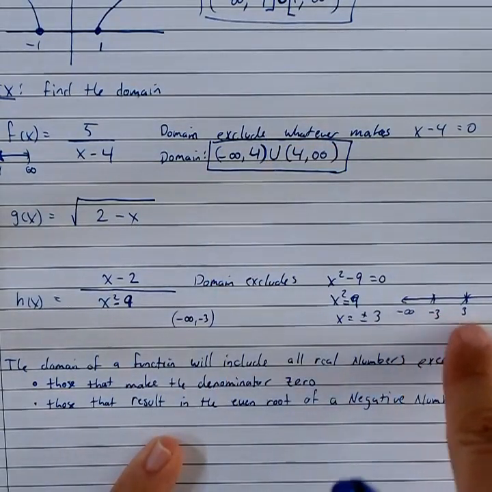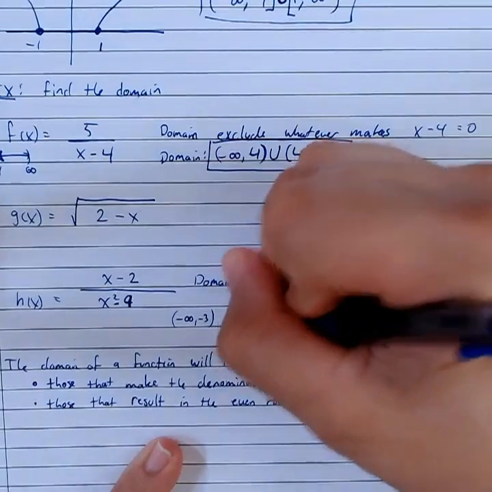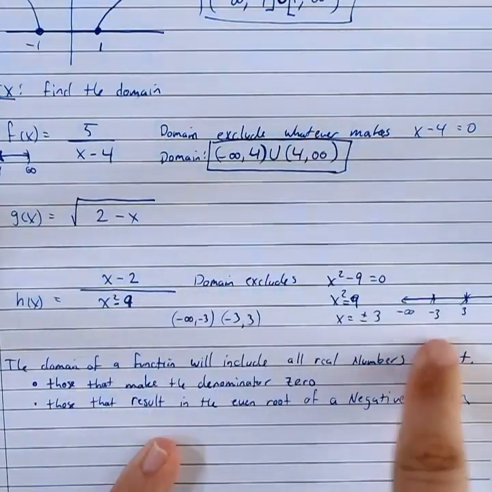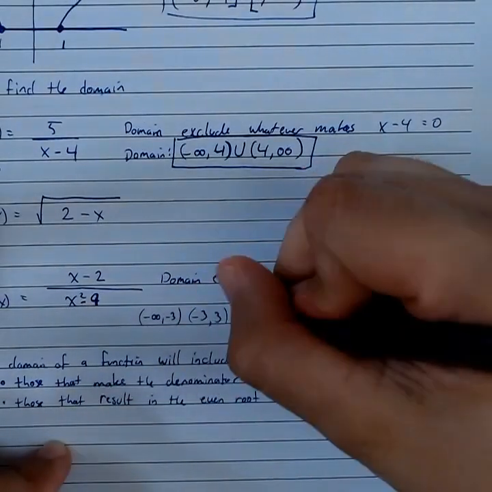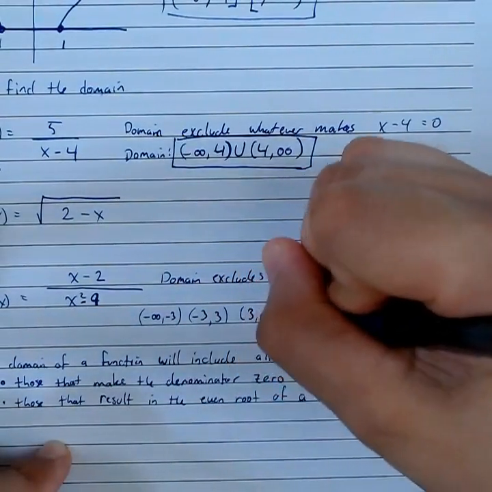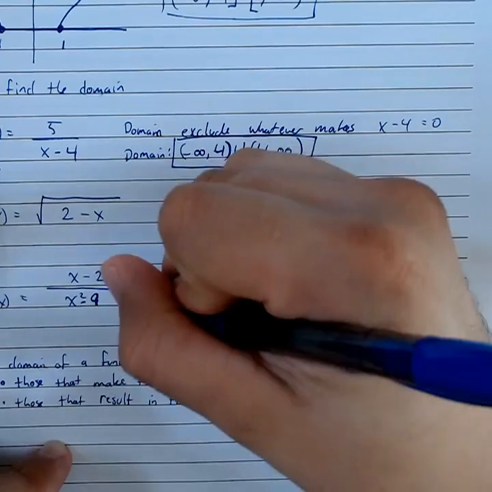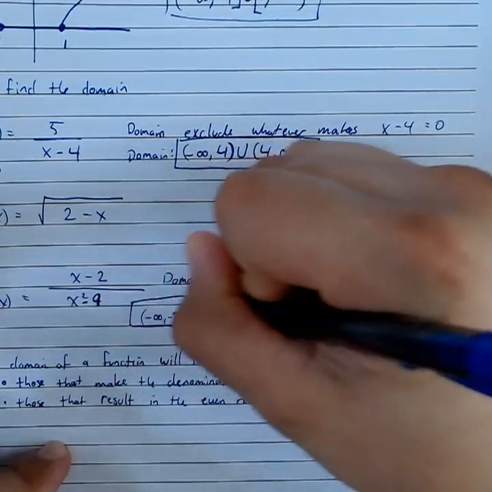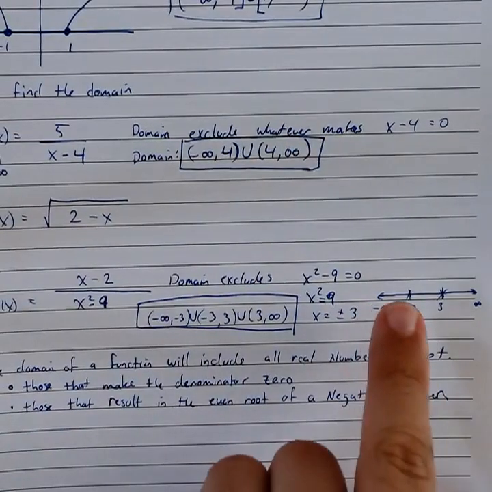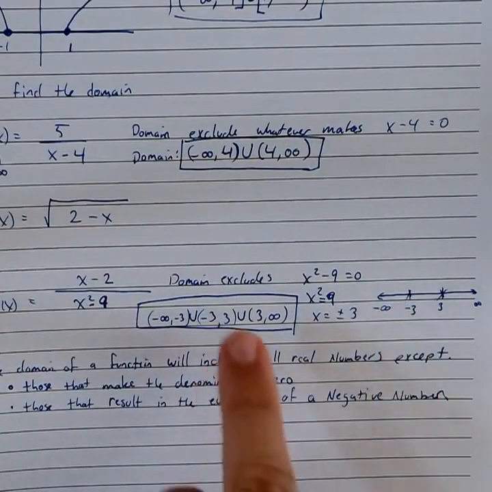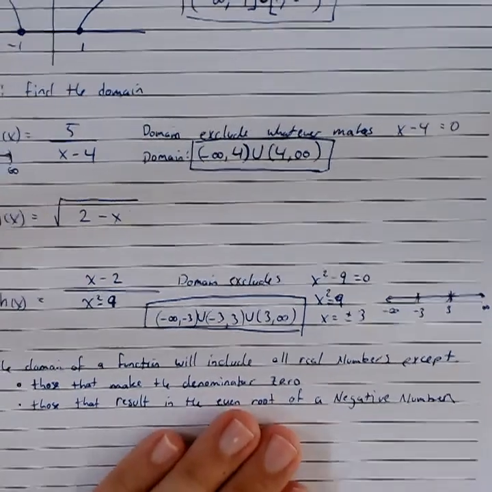And then you want everything from negative 3 up to positive 3. And then you're going to skip over positive 3. And then you're going to want everything from 3 out to infinity. Take the union of those, and that's our domain. Whatever is excluded, throw those out. Everything else is our result.